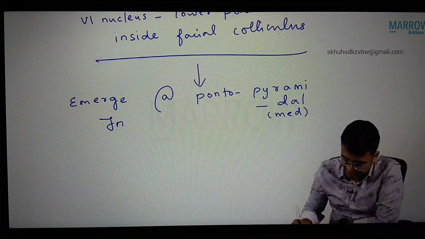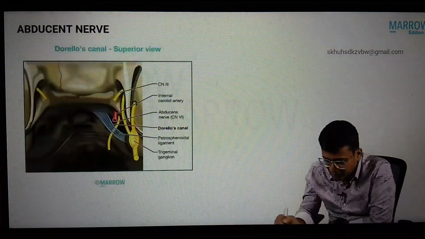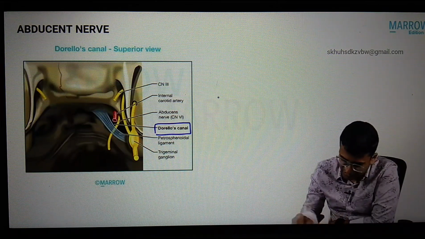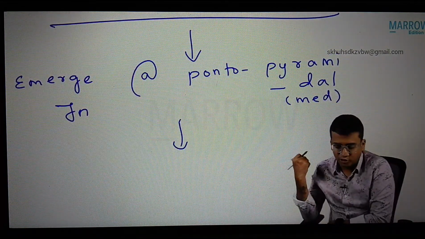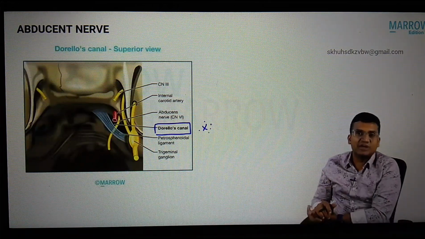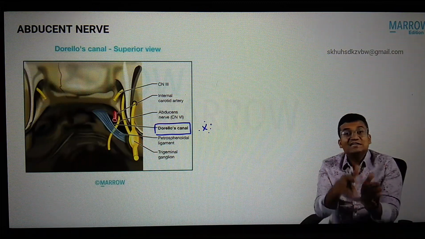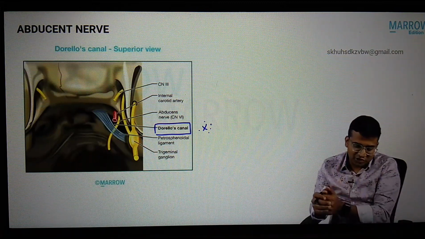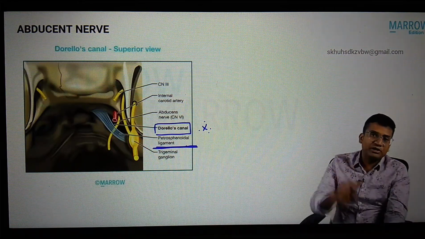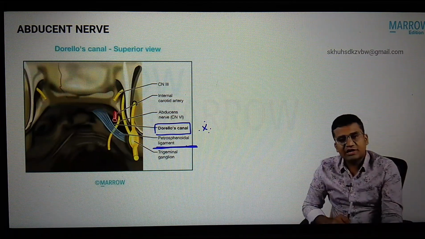And then the nerve passes inside one canal. Which canal? Dorello's canal. After emerging at the ponto-pyramidal junction, the abducent nerve passes inside Dorello's canal. So what is the content of Dorello's canal? What structure passes through Dorello's canal? The sixth nerve passes inside Dorello's canal. This canal is formed by the petrosphenoidal ligament.